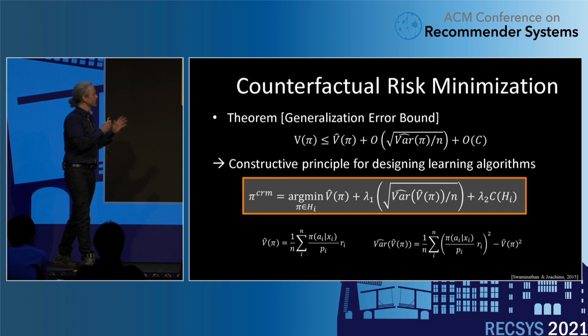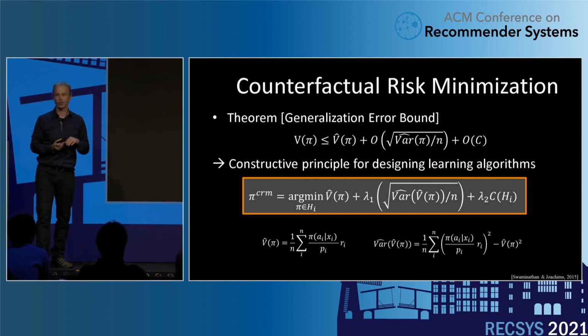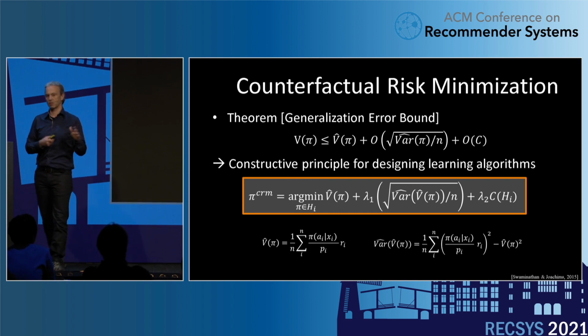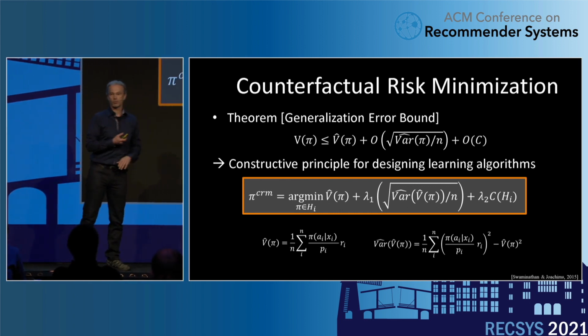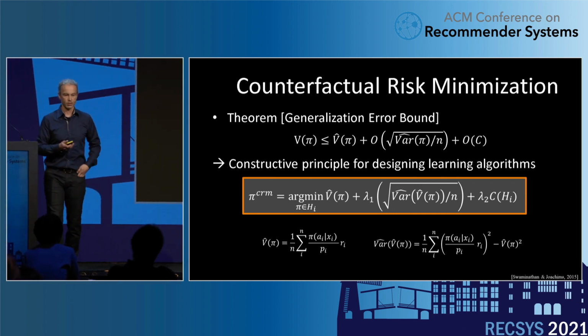So the learning theory gives you a design principle for how to design algorithms for this off-policy learning that have these three components. And we call this counterfactual risk minimization, in analogy to structural risk minimization, where you just have this one regularization term. Here you have two regularization terms based on the variance.